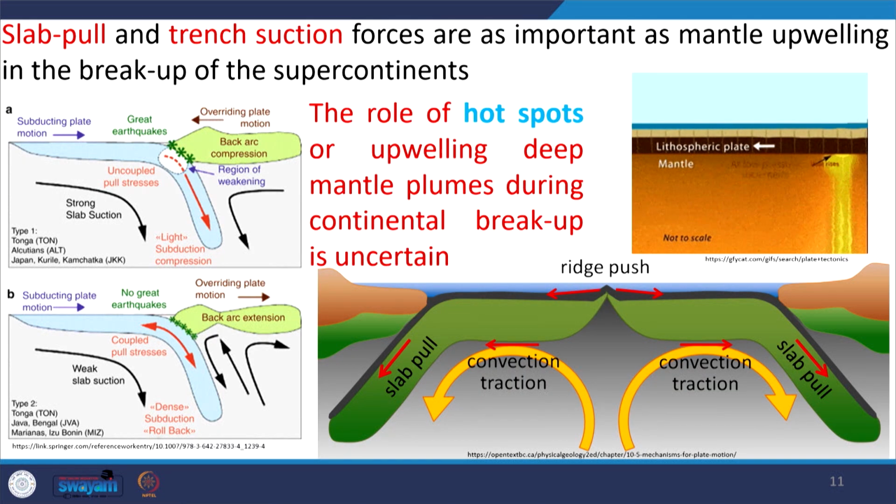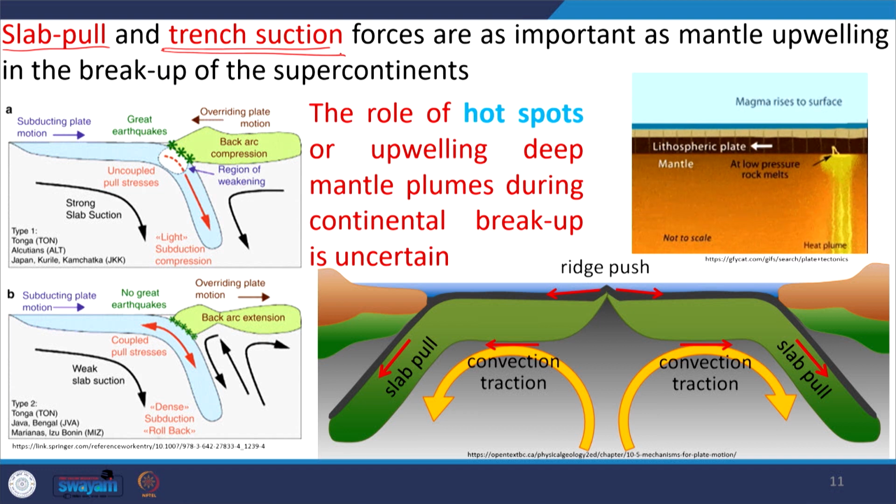Once the continent breaks up and moves, an oceanic system develops and subducts down. The slab pull mechanism and the trench suction forces are important, as are mantle downwelling and upwelling, in the breakup of the supercontinent.